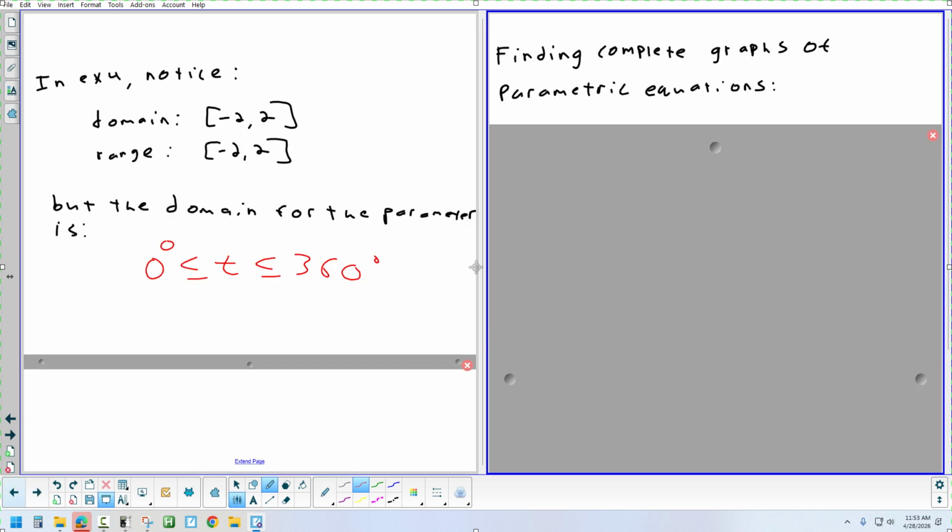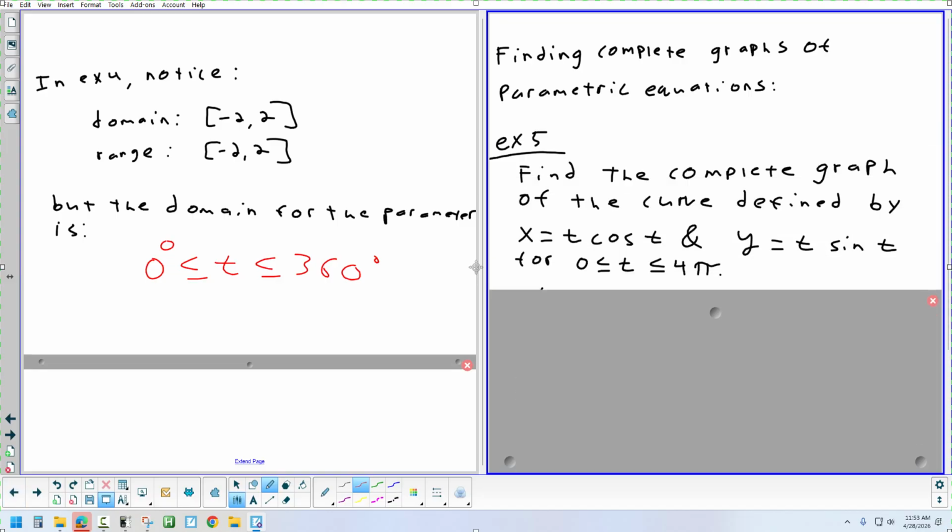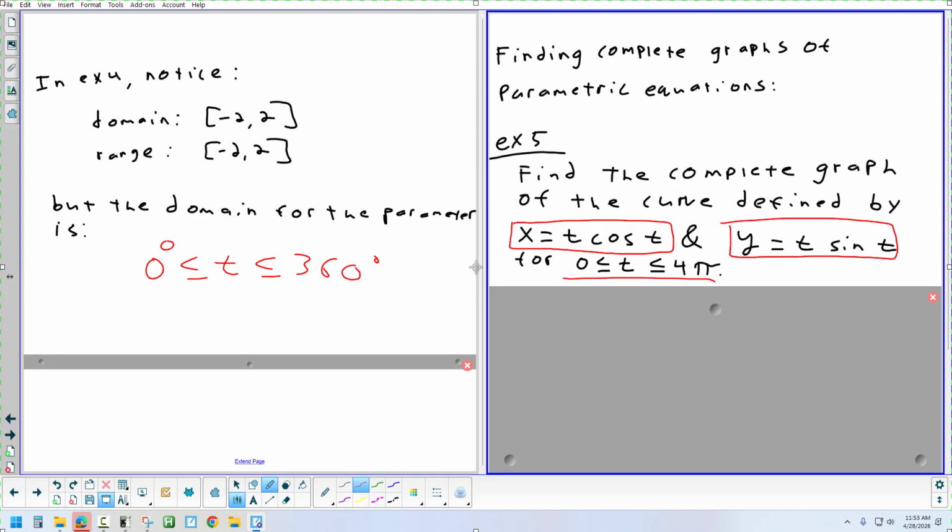And the last one, we're just going to look at, I give you 2 equations, and I just want you to draw what they look like on the calculator. It says find the graph. Here's your formula for x. Here's your formula for y. And there's your t min and your t max.